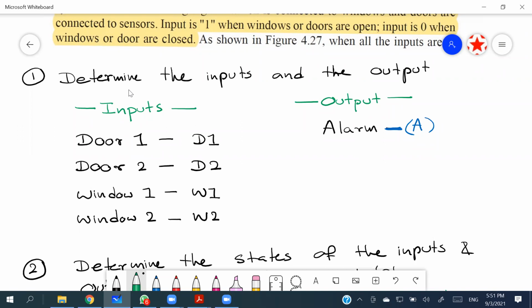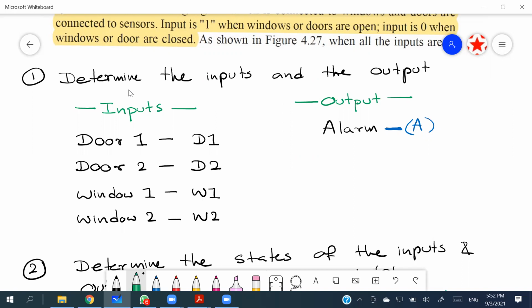Then we are going to proceed to determine the states of these particular inputs and outputs. Why are we going to determine the states? Because when it comes to Boolean algebra or logic gates, it is always talking about two different states which are opposite to each other.